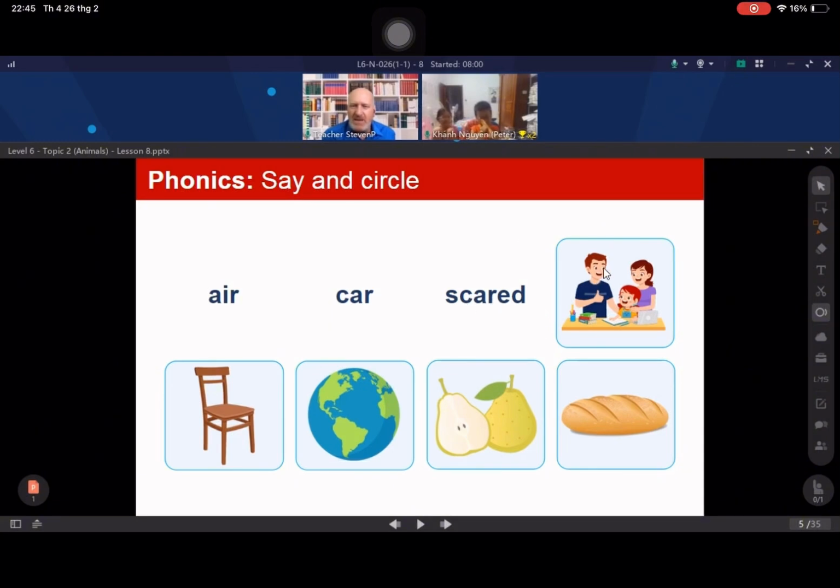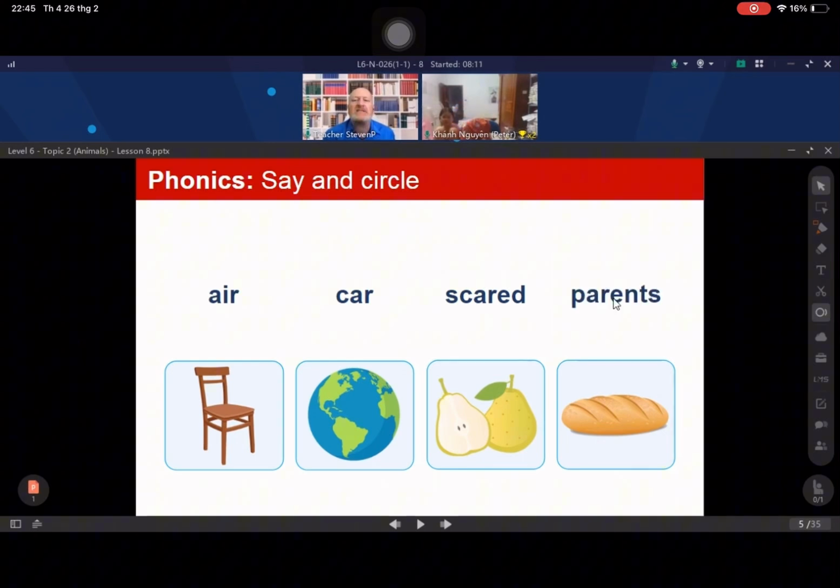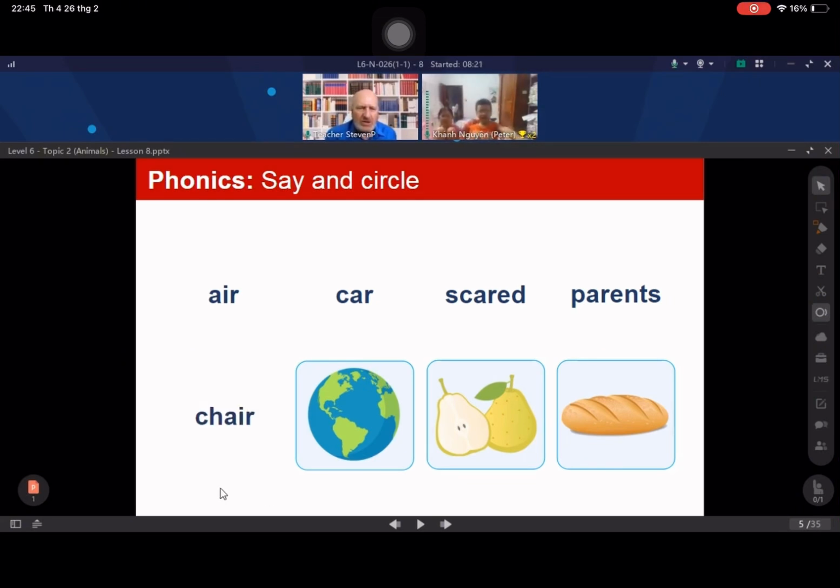Okay. Well done. So, Mia, can you tell me what is another word for mum and dad? What do we call mum and dad? They are our parents. That's right. Well done. Very nice. Okay, Peter, what is this one? Chair. There we go. That one has the air sound.